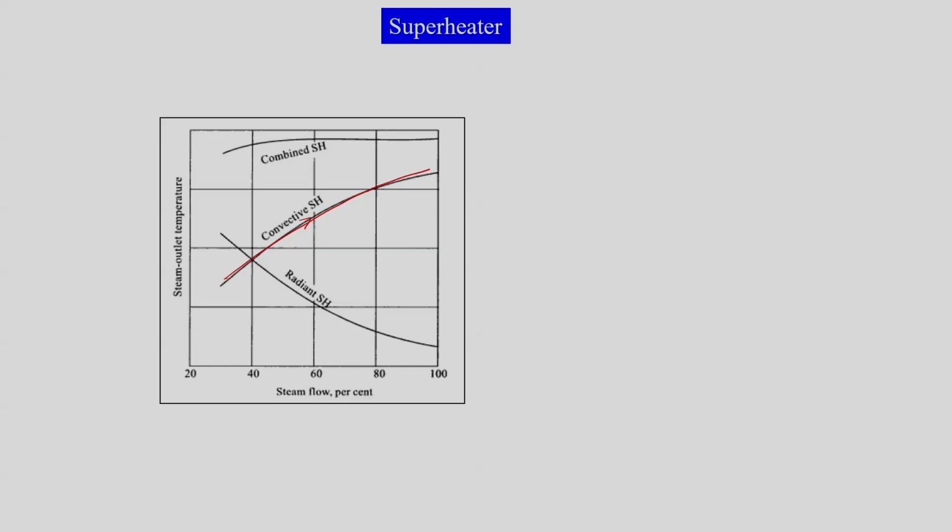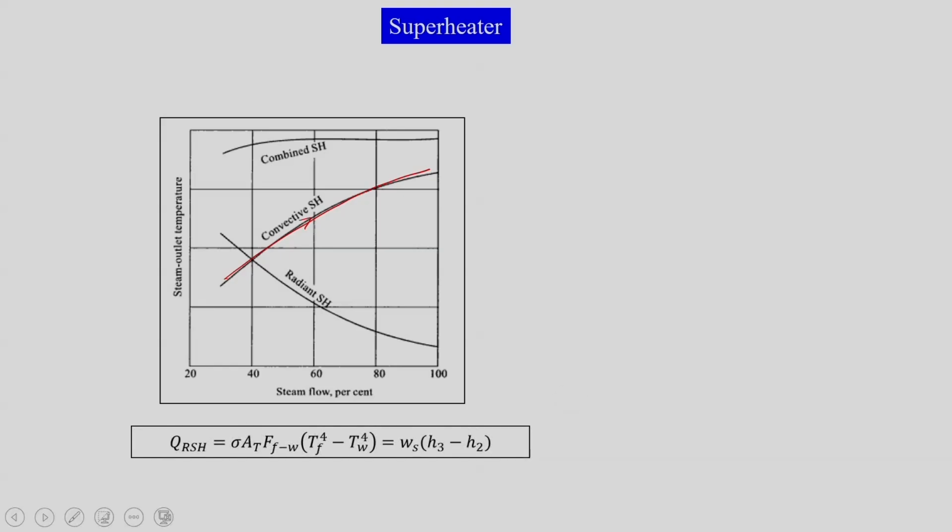In the case of a radiant superheater, we are receiving radiant energy, and radiant energy is sigma A shape factor into T raised to 4 for the furnace minus T raised to 4 for the water. This is F for furnace. So we have this difference of temperatures raised to 4 as the driving potential for the heat in the radiation case. And this heat will be used by the steam to go from low enthalpy to high enthalpy.